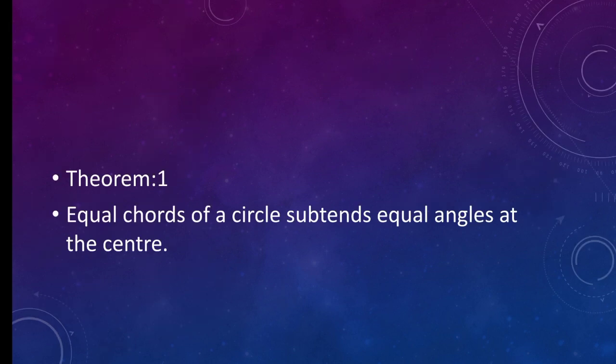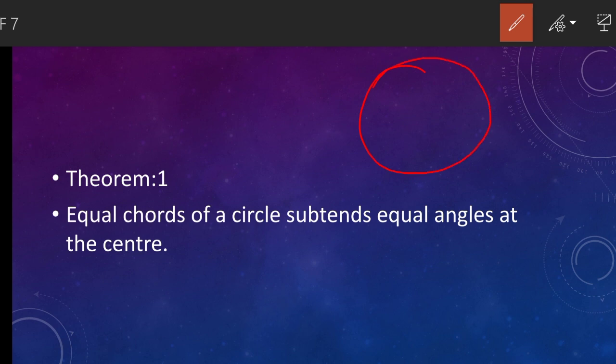So the first theorem that we are going through is theorem number 1. Equal chords of a circle subtend equal angles at the center. That means if we have a circle, suppose AB and CD will subtend equal angles at the center.